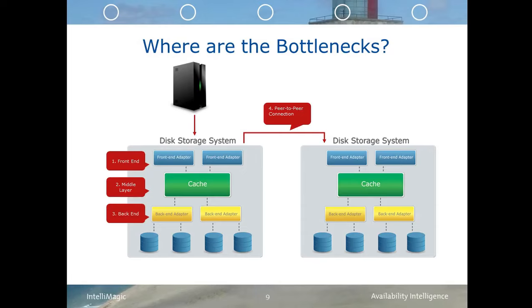The middle layer is the cache, processors, logical structures, and interconnects that exist between the front end and the back end. The back end includes the device adapters and physical drives that store data. Finally, the peer-to-peer connections are connections between disk storage systems that are typically required for remote data replication.